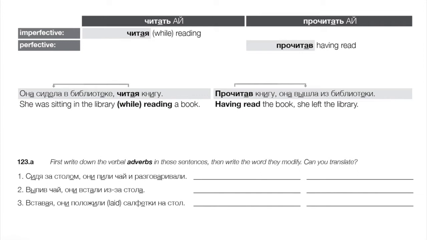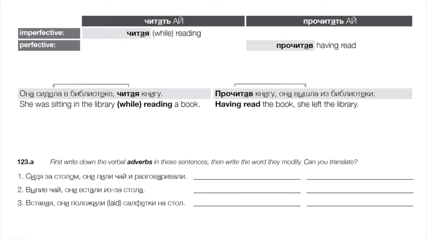Okay, so here we just have examples before we learn how to form them. Chitaya is an imperfective verbal adverb, and it means while reading, or better yet, while reading. Now we'll see that the while is often optional, and in fact, it would normally not be included in English.